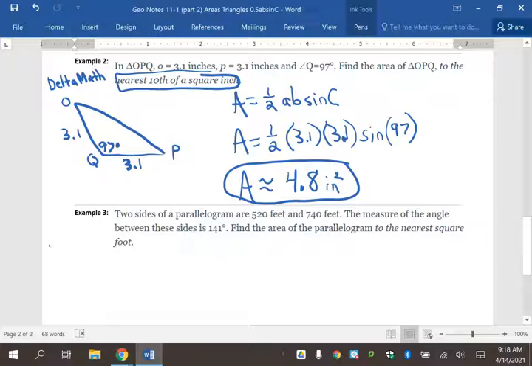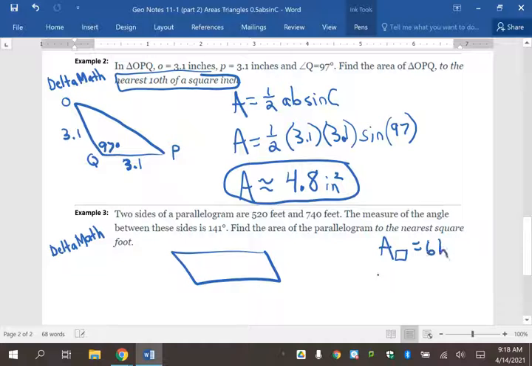The other type of question you'll see from Delta Math is not of a triangle, but of a parallelogram. If you are given a problem with a parallelogram, just remember that the area of a triangle is just half of the area of a parallelogram. Remember, area of a parallelogram formula is base times height, and area of a triangle is half of that, 1/2 base times height.